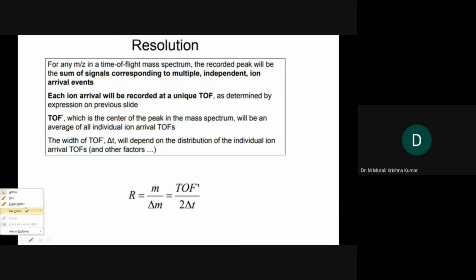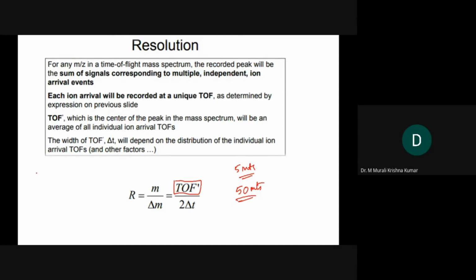As you all know, if you increase the time of flight, the resolution improves. Let's say you have two persons, and you ask them to run only 5 meters. You can hardly separate the two persons or find out their efficiency. But if you ask them to run 50 meters, you can separate them very easily.